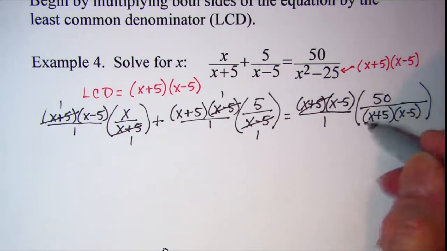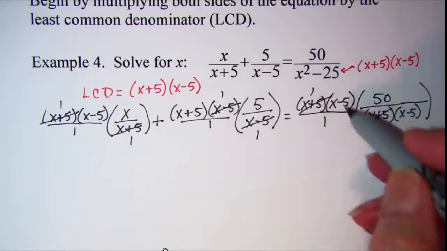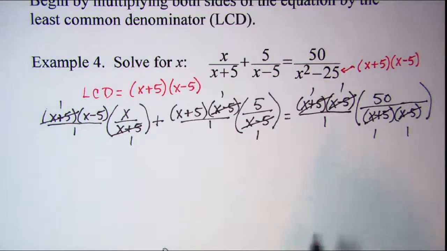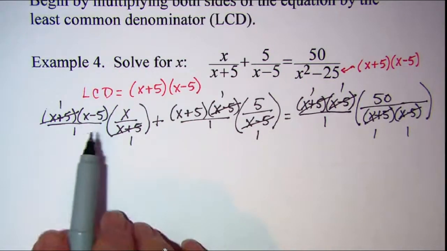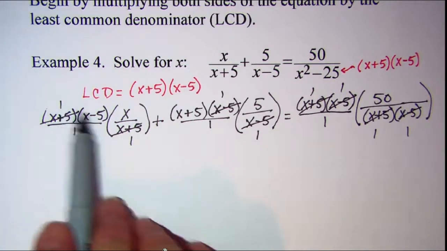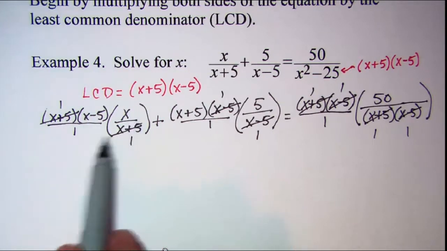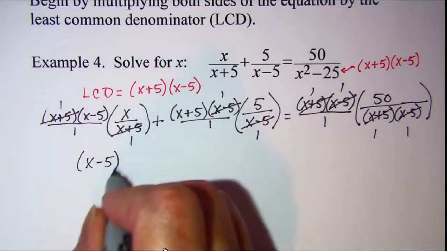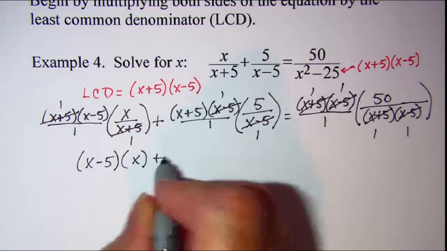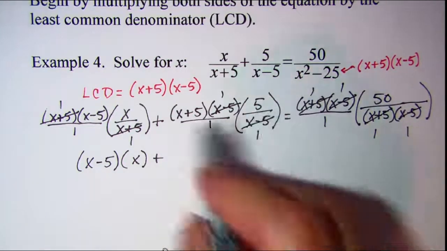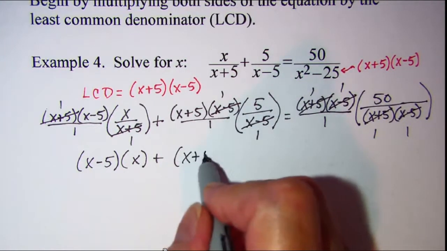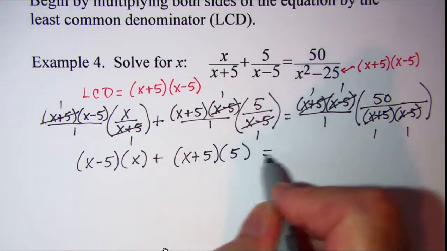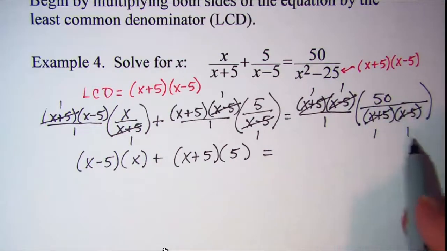So now to write what's left, 1 times these factors over 1, I'll just have x minus 5 times x plus, and then on this one I'll have x plus 5 times 5, and then on the right side I just have 50.